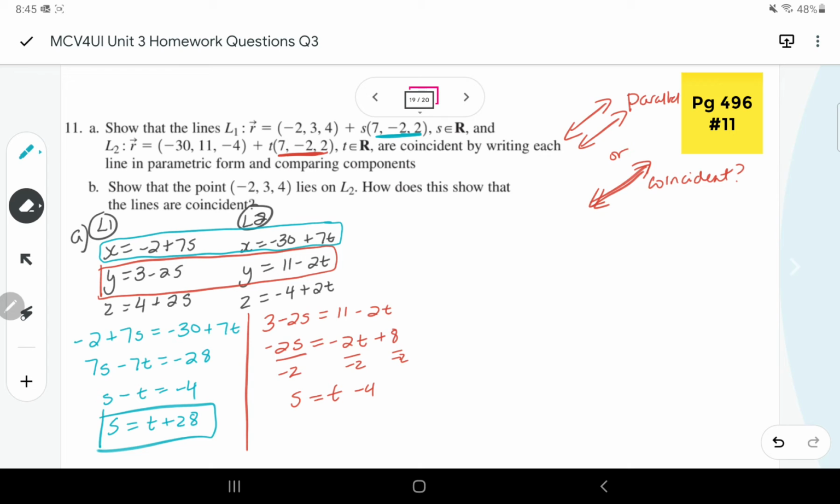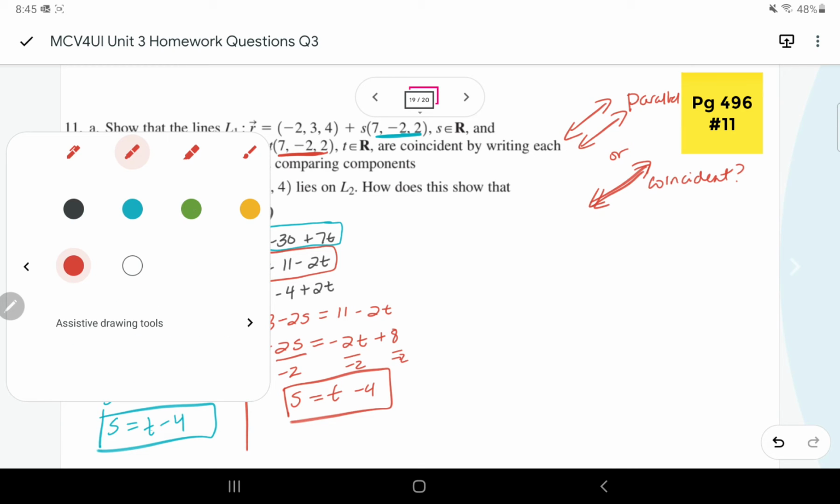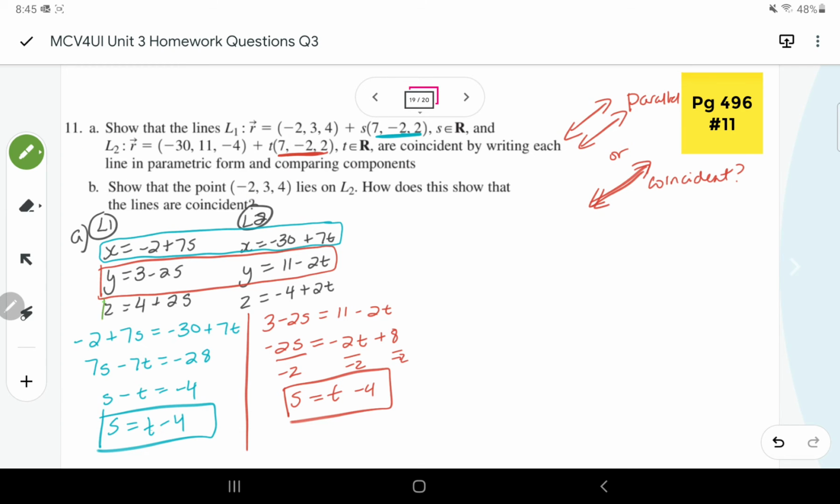I forgot to divide the negative 28. So s equals t minus 4, and that is the same as what we got from the second one. So we can say that that's the same relationship. Similarly, the third one will give the same thing. I thought I was supposed to get that same thing, and all of a sudden I didn't, but we're okay.